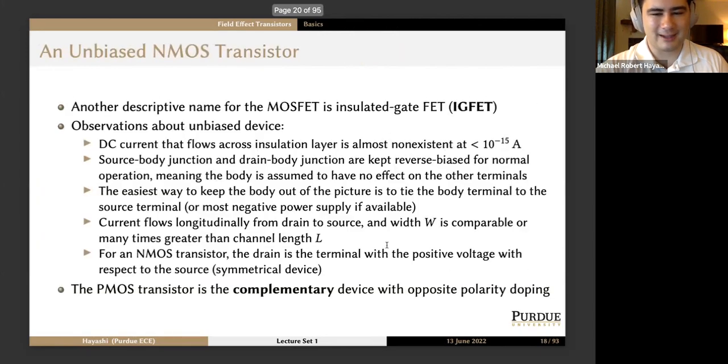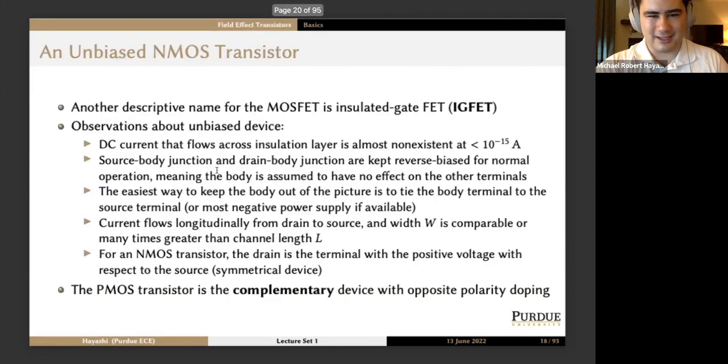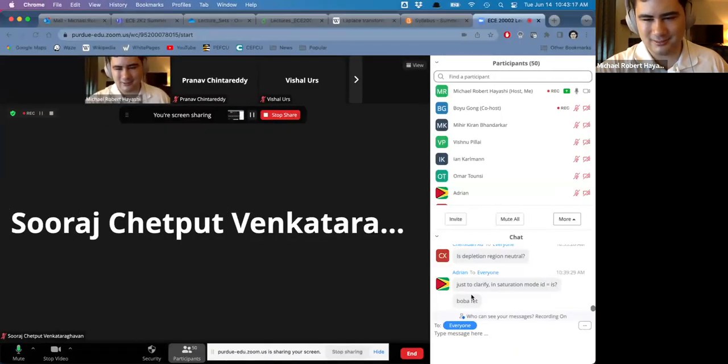So if I go all the way back to slide 16, or I guess maybe slide 20 would be a better one, there's zero current through the gate. The body is out of the picture. So current that flows in through the drain must flow towards and out of the source because there's no other place for it to go, and current must travel in closed loops. Does that answer your question?